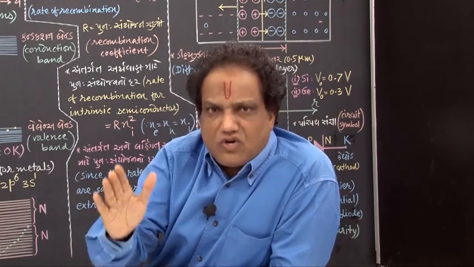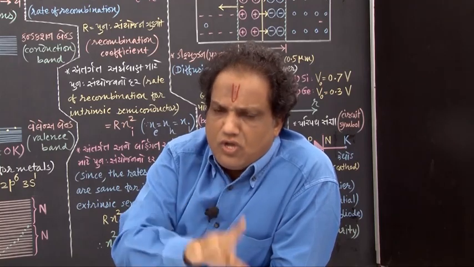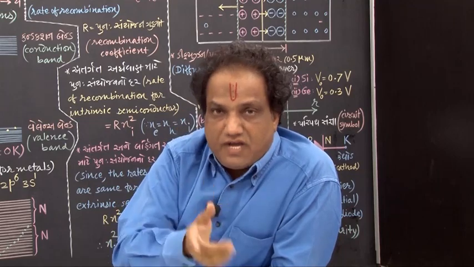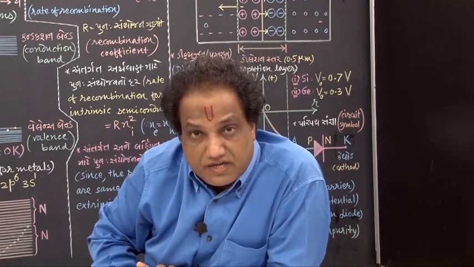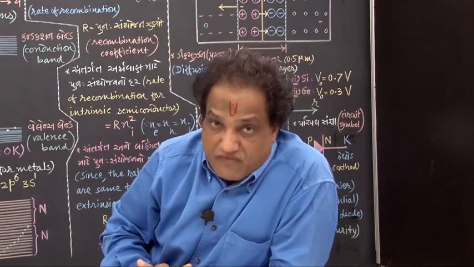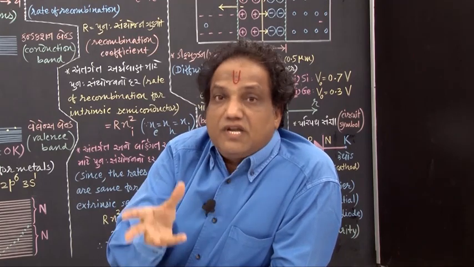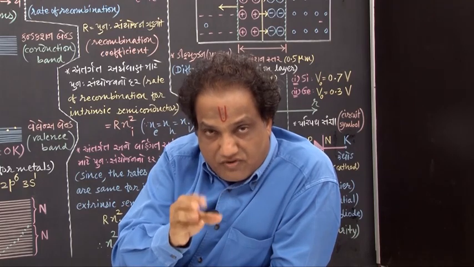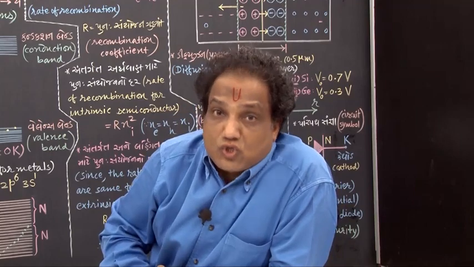So this process of dissociation and association of free electron and hole continuously takes place. Breaking of bond and reforming of bond continuously takes place in the semiconductor, correct? And at a given temperature, we find that whatever is the rate of dissociation, same is the rate of association, correct? Whatever is the rate of departure, whatever is the rate of dissociation, same is the rate of recombination also.